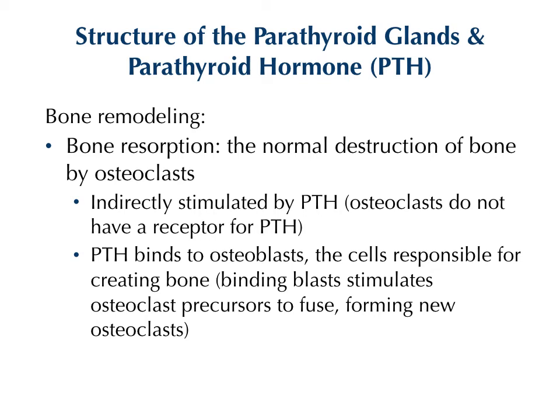And we've already gone through how parathyroid mobilizes calcium from the bone, and it does so by indirectly stimulating the osteoclasts. The osteoclasts themselves don't have a receptor for parathyroid hormone, but parathyroid hormone will bind to osteoblasts, the cells that are responsible for creating bone, and then these will stimulate the osteoclast precursors to fuse and form new osteoclasts that will then start destroying the bone and releasing the calcium.